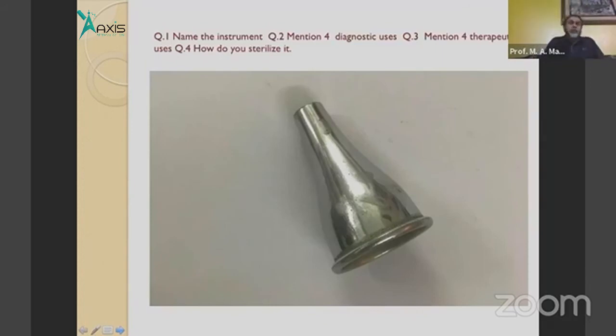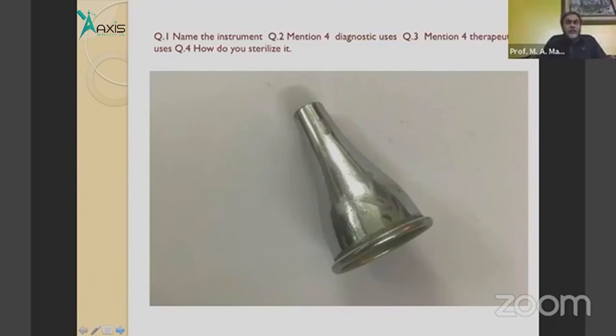Therapeutic use means what we do with this. Number one is removal of foreign body from the external ear. Number two, aural toileting or suction: in case of aural discharge, we can clean the discharge with this.